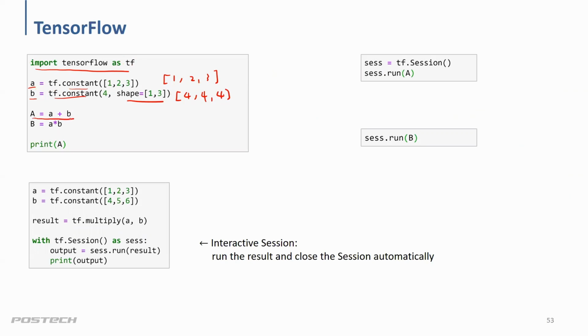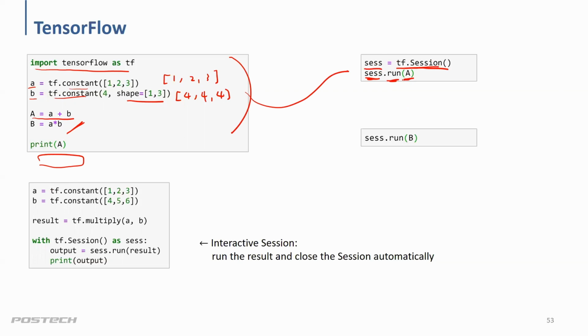Now we do summations. If we did that, there's no correct answer yet. So I'm going to create a tf.Session, open it, put everything inside that session, put A, and run it.